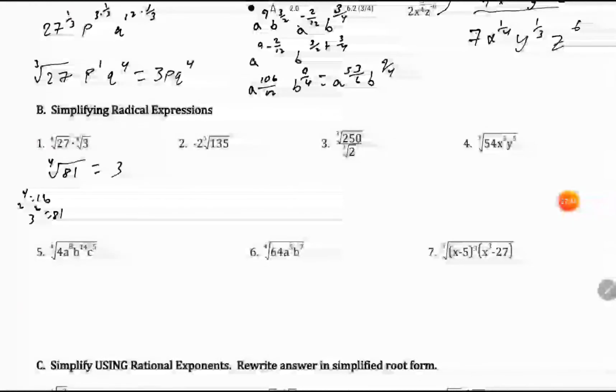Cube root of 135. Ew. So what I do is, looking for factors, I just use my perfect cubes. So 2 cubed is 8. So I take 135 divided by 8. That doesn't work. But 3 cubed, that does work. 27 actually magically divides evenly in 135 by 5.